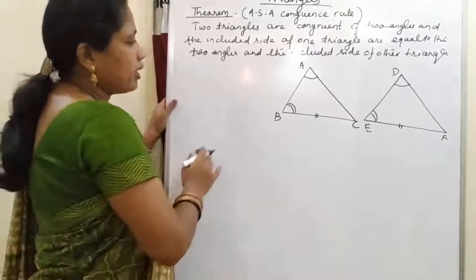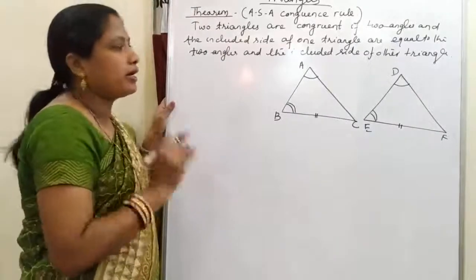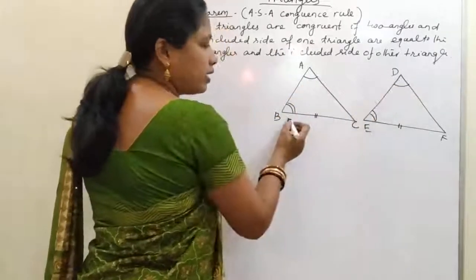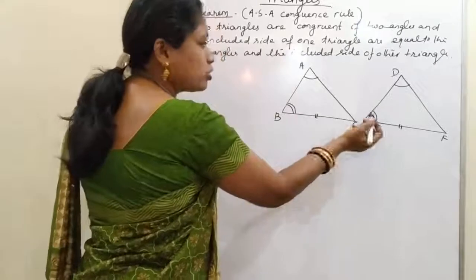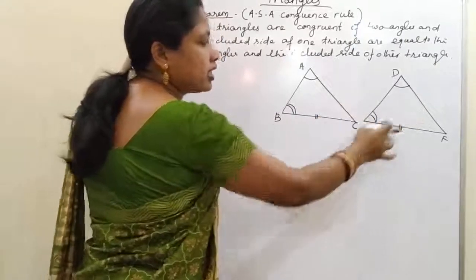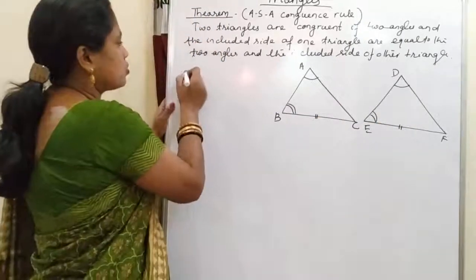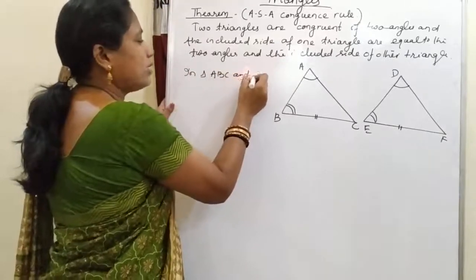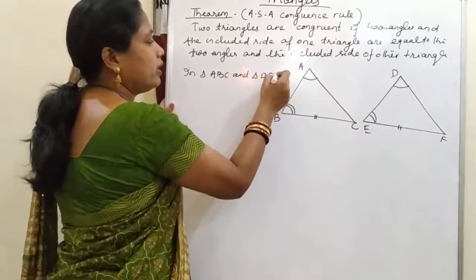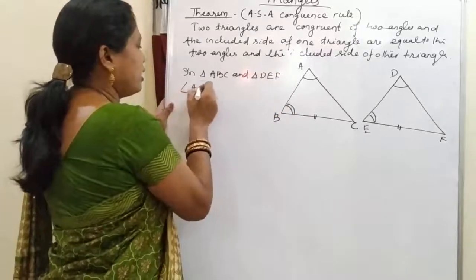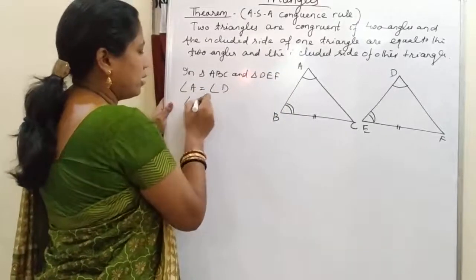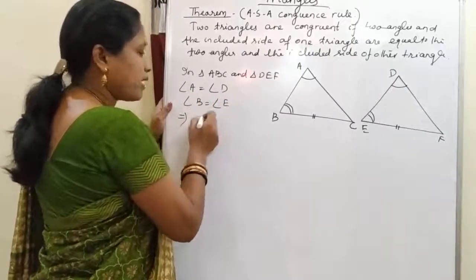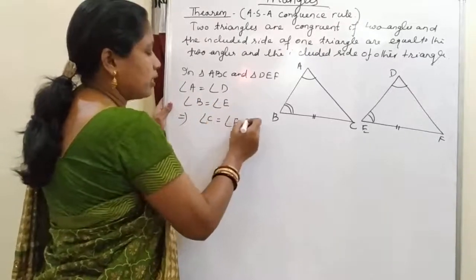We know that by the angle sum property of a triangle, if angle A is equal to angle D and angle B is equal to angle E, this implies angle C will be equal to angle F.